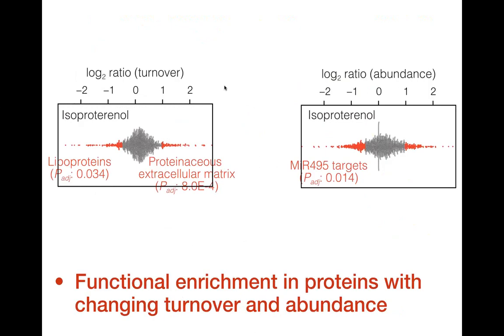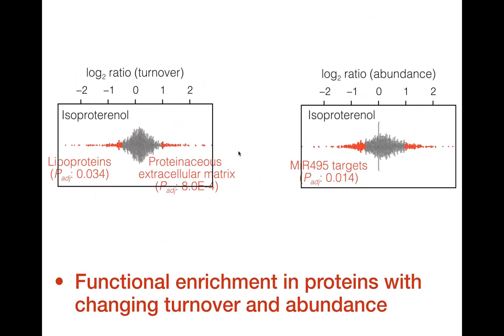One of the things I want to point out is what you could see here. This is a distribution of the ratio of changes after the drug treatment. On the left is the ratio of turnover rates, and on the right is the ratio of abundance of the same proteins, and you could see different proteins that change in each of the 2 attributes.